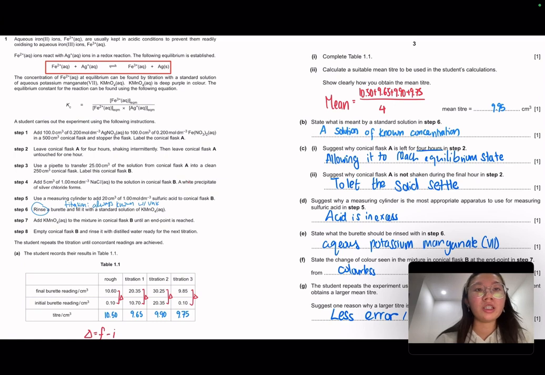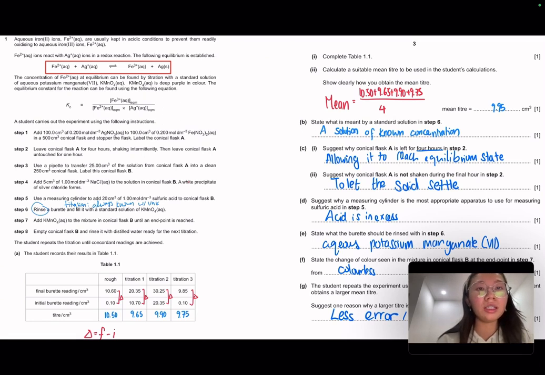Okay, so yeah, we'll read the steps of instructions. A student carries out the experiment using the following instructions. So you add 100 cm3 of 0.2 mole. I'll just refer to the concentration as just mole because it's easier for me to say that way. Okay, 0.2 mole of AgNO3 to 100 cm3 of 0.2 mole of FeNO3 2.